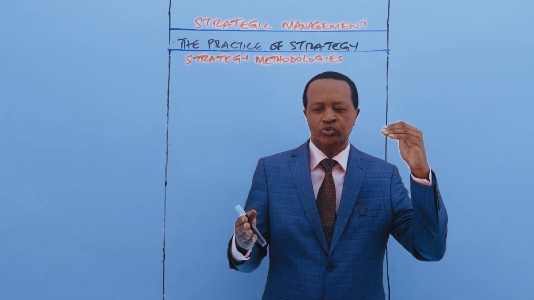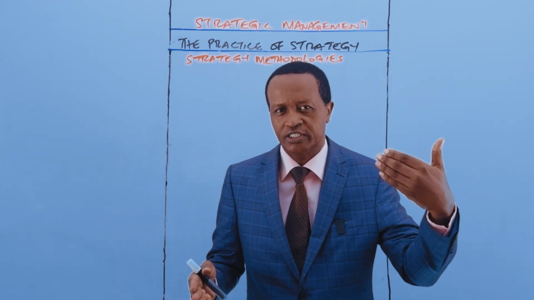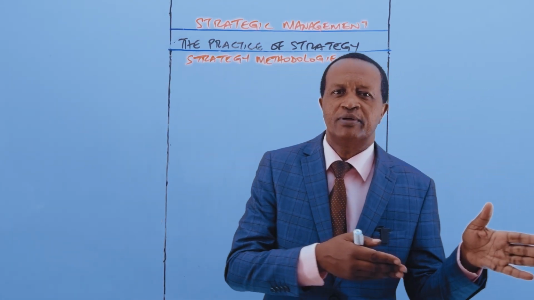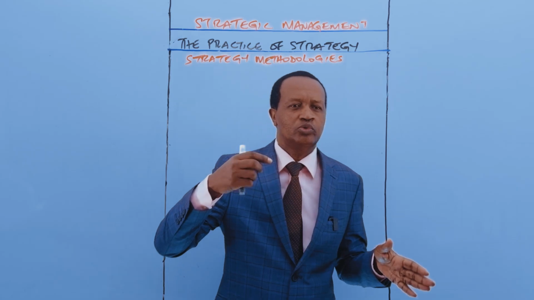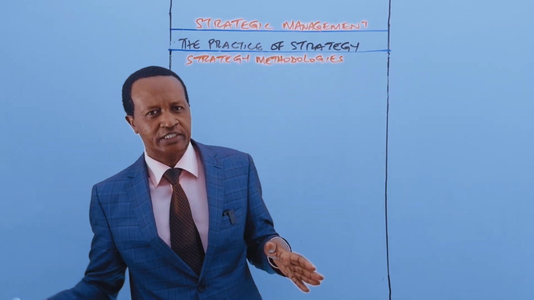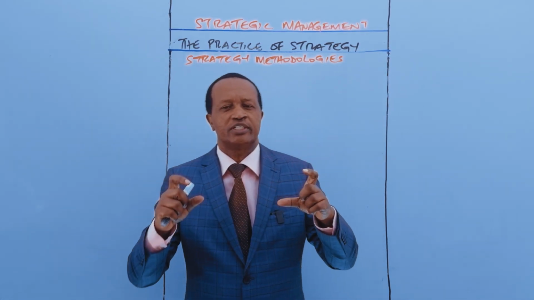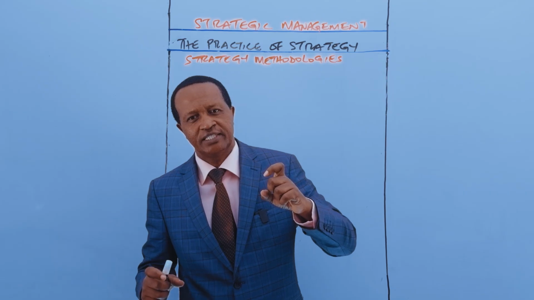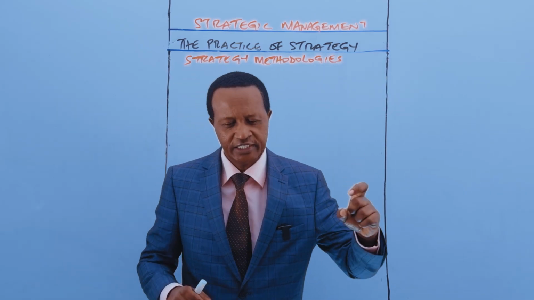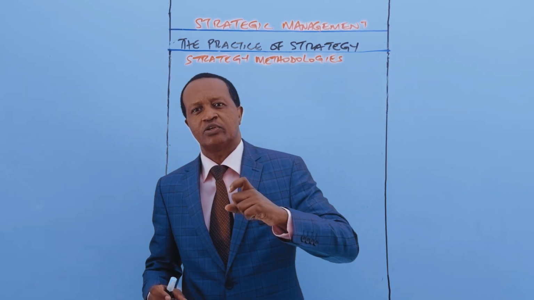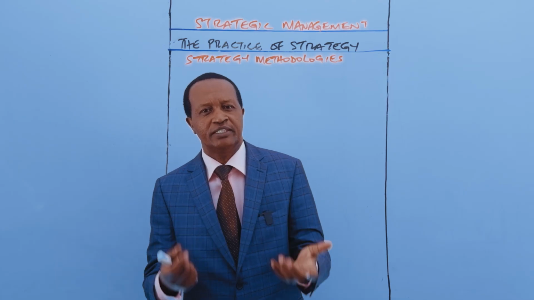Because it's one thing to just think about a strategy or have it on paper, but it's another thing to implement it or do it. So these methods ensure that the process of doing it is rigorous, collaborative, and also evidence-based.